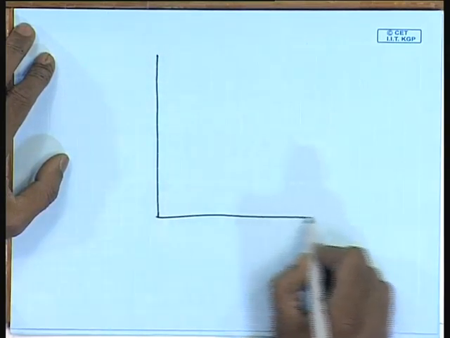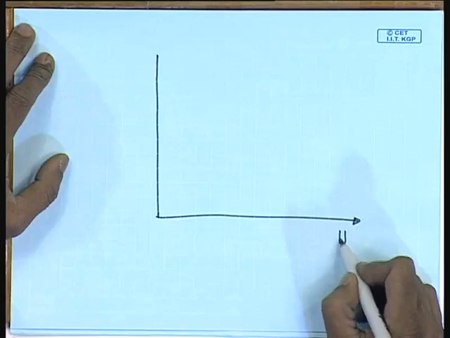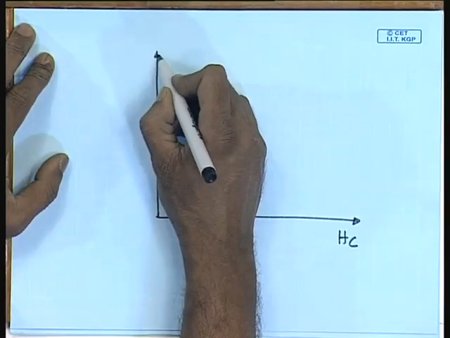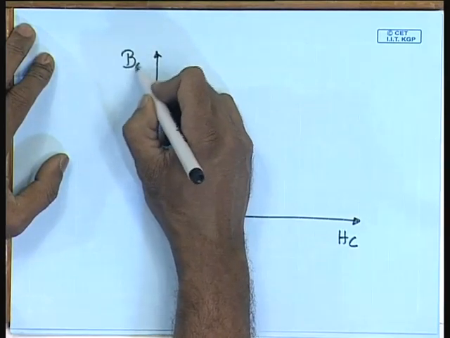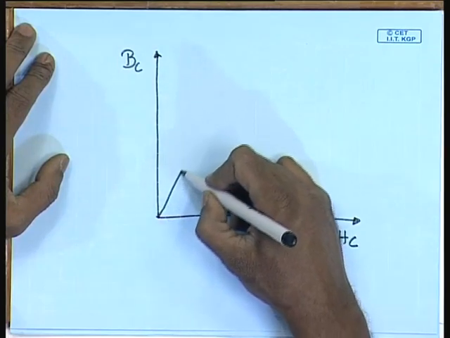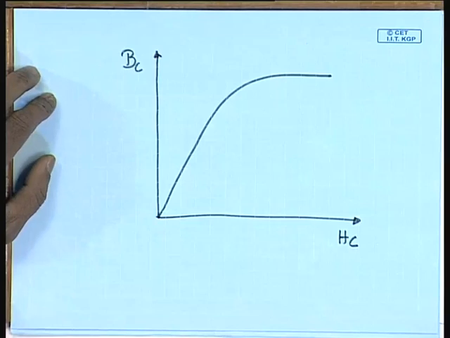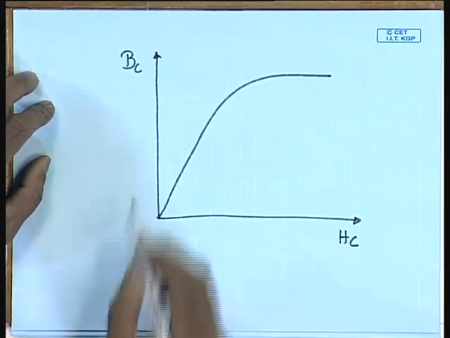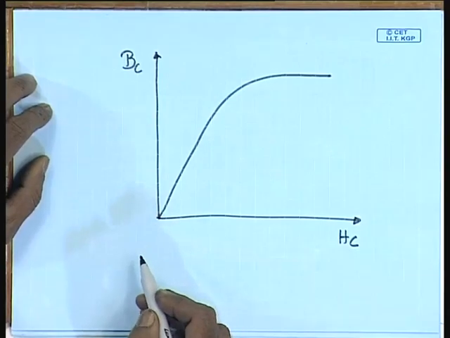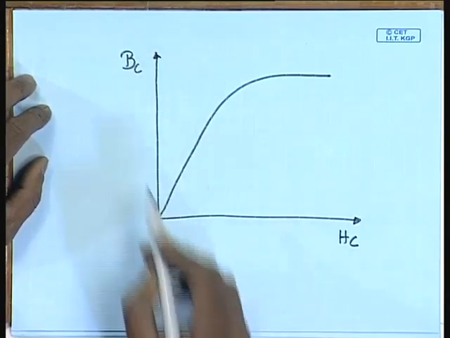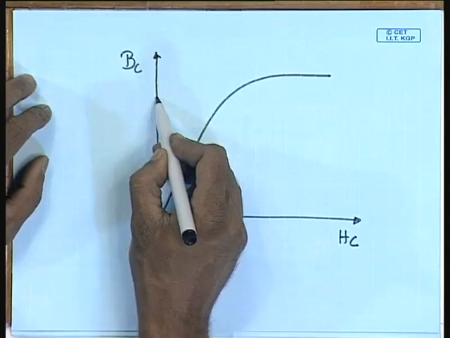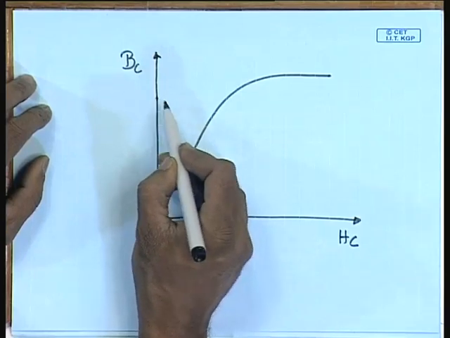Now, we plot them together, Hc on this axis and Bc on the y axis. This is the intrinsic BH characteristics of the material, and the other one given by the circuit can be considered as a magnetic load line.